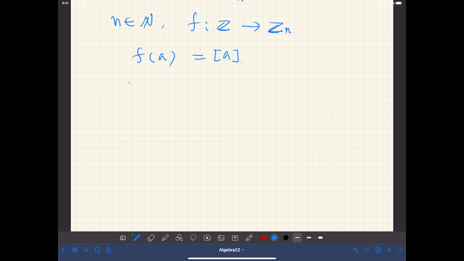In fact, the congruence class of a plus b is the sum of the congruence class of a and the congruence class of b. And the congruence class of ab is the product of the congruence classes, as we have defined before. So this mapping preserves addition and multiplication.